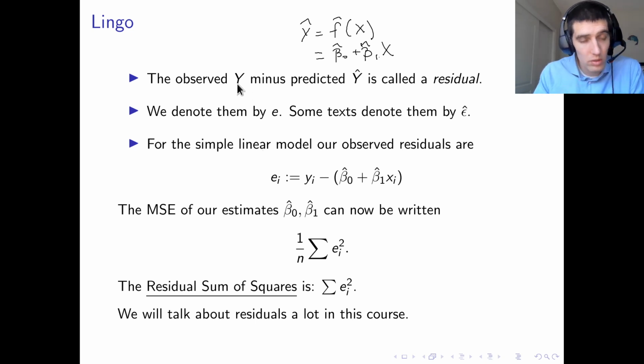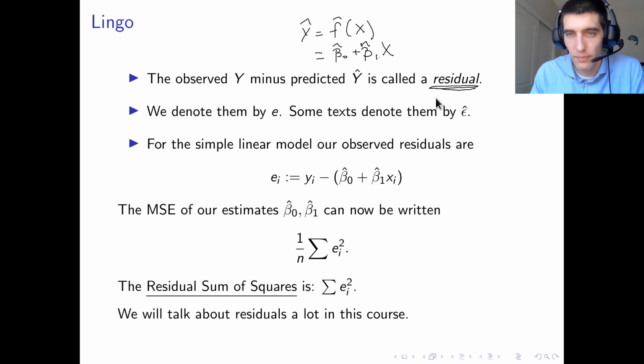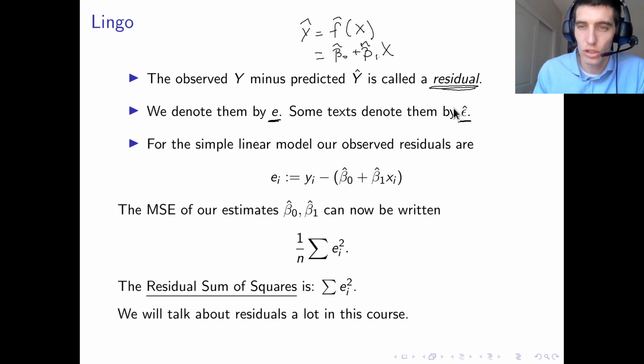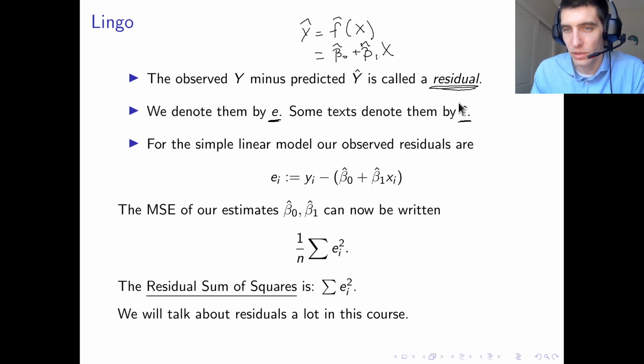This observed y minus the predicted y is called a residual in general, and we denote these residuals by e. Some texts denote them by epsilon hat. Epsilon hat is a little too much notation for me, so I stick with e, but the notation is suggestive. We can think of epsilon hat as our estimate of our error term.